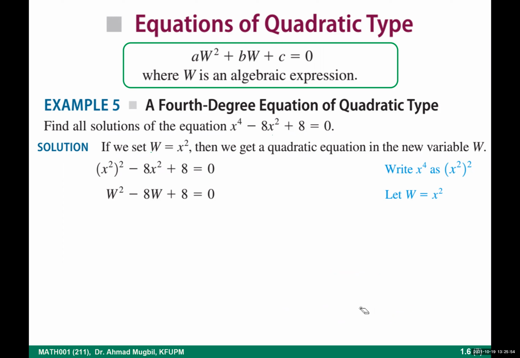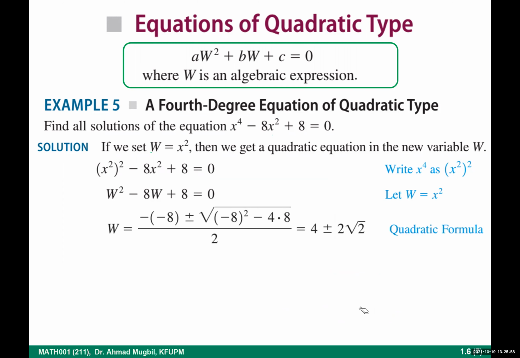So in this case, don't waste your time, go directly to the quadratic formula. When you go to the quadratic formula, you need to simplify. I just give you here the final answer. This will be 8, 8 over 2 is 4. And here you need to simplify. It will be the square root of 64 minus 32, which is the square root of 32, 16 times 2, 4 square root of 2, 4 over 2. This is what you will get at the end.